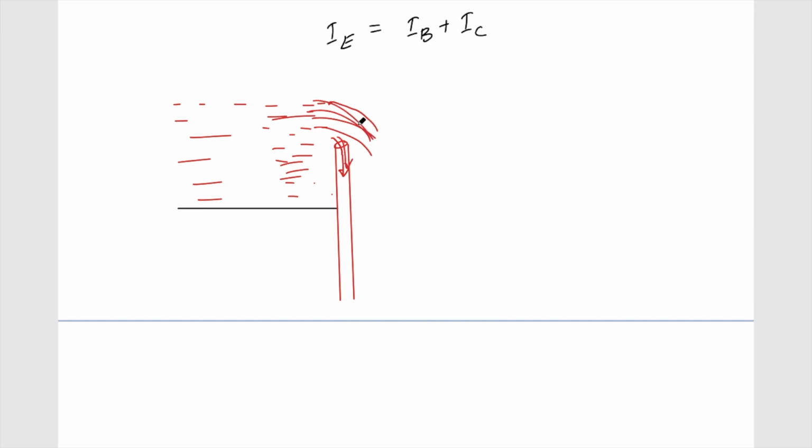But you can see that a lot more water is going to flow outside compared to this one, because it has reduced the barrier which was stopping the flow of the water. In itself, only a very small amount of water is flowing. So this is the base current, and this large amount of water flow is the collector current, and this is IB and this is IC. Okay, so this is a very crude example, but actually this is what is happening.